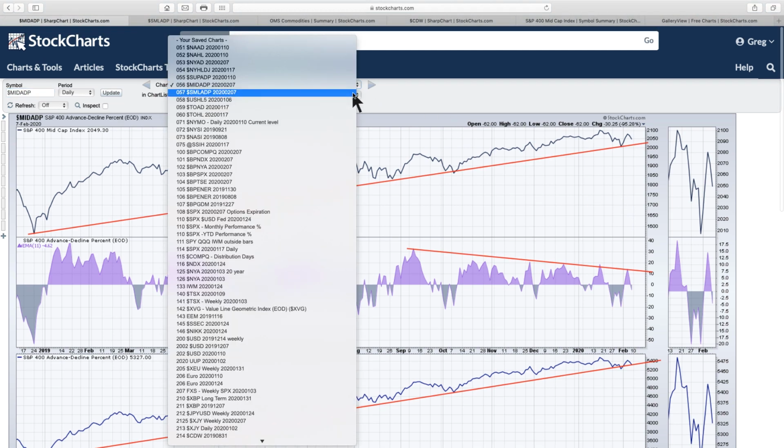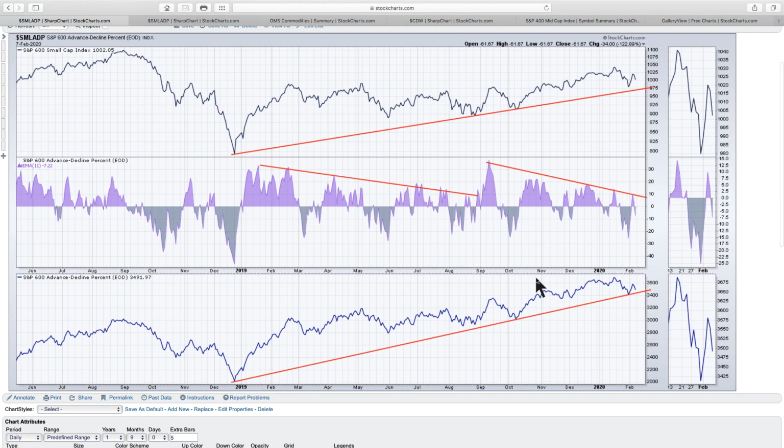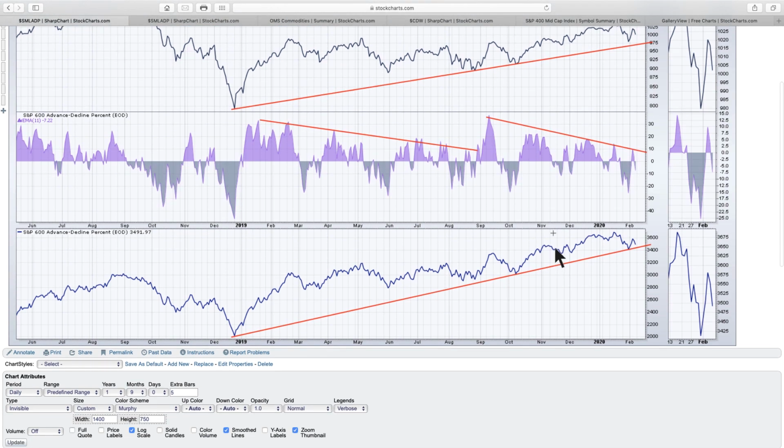Now, when we look at the small caps, what we can see is this is even more obvious. And the reason I say that is, look at how severe this downtrend is in terms of the rate that the market was struggling to rally, and look at how big the downward move was since mid-January.